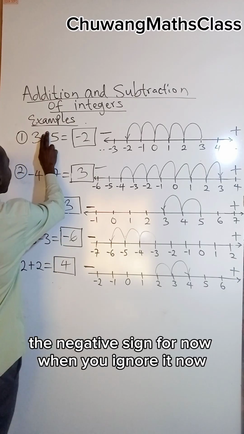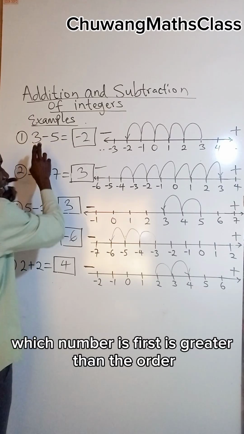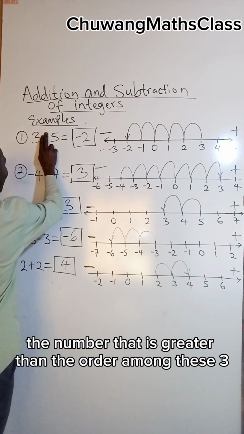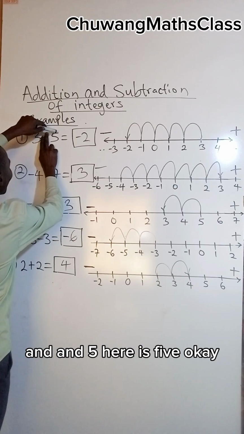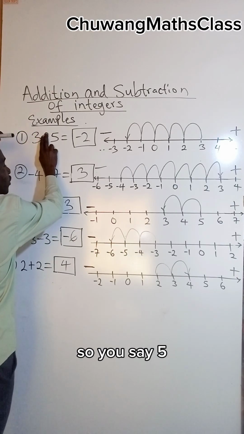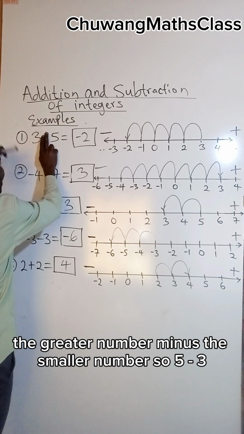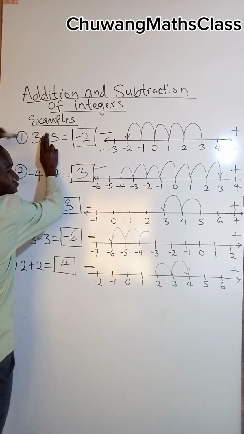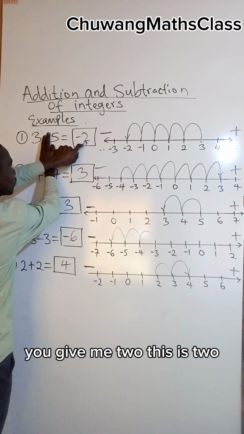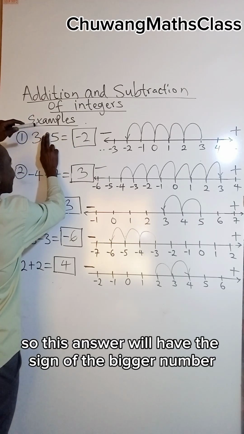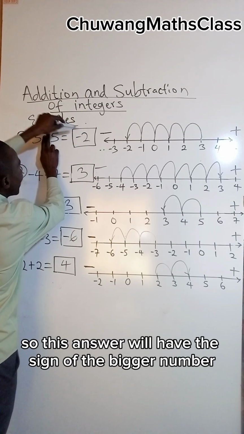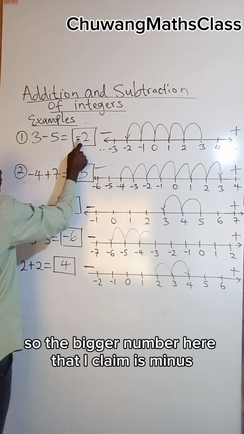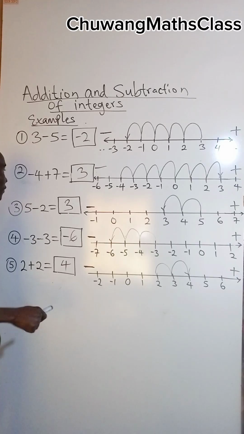When you ignore it, which number is greater than the other? Among these 3 and 5, the greater number is 5. So you say 5, the greater number, minus the smaller number. So 5 minus 3 will give me 2. This answer will have the sign of the bigger number. The bigger number here is minus. So this is -2.